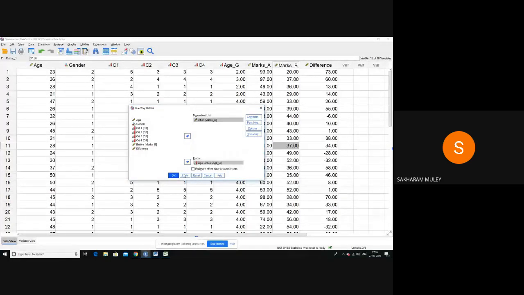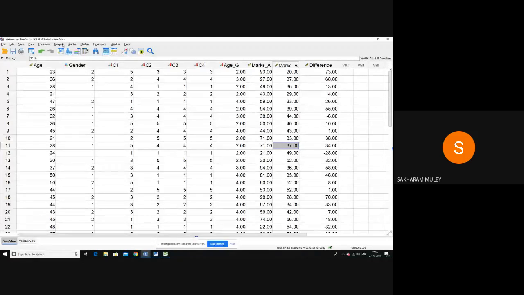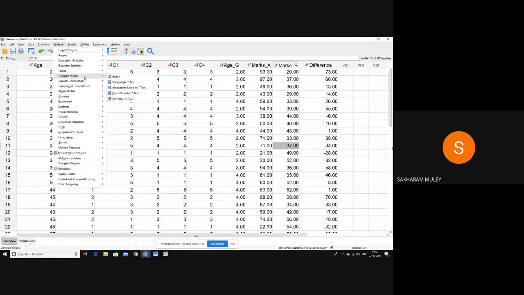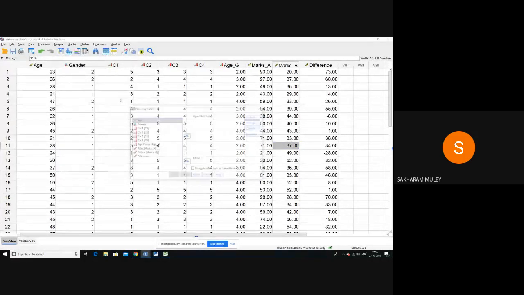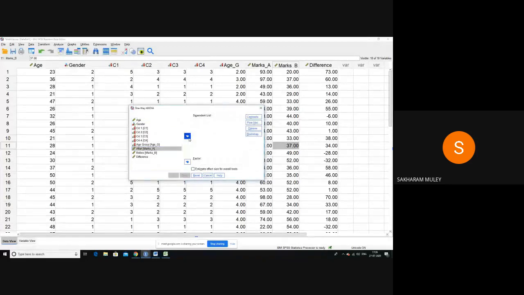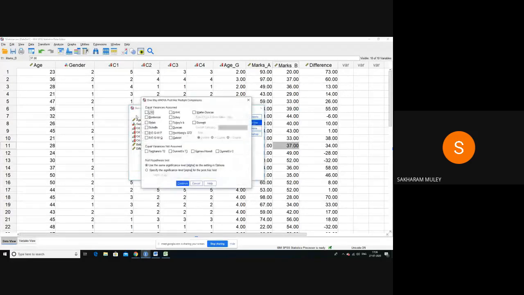Let me tell you the procedure again. Analyze, Compare Means, One-Way ANOVA. After marks is the dependent variable and age group is the independent variable. Post-hoc I am choosing as Duncan; any of these you can choose.